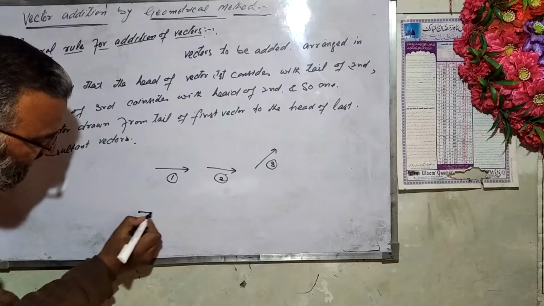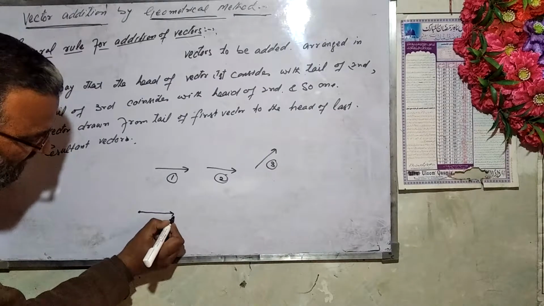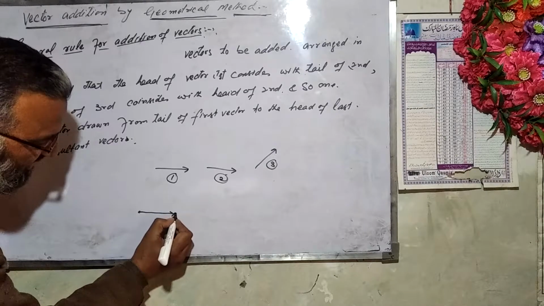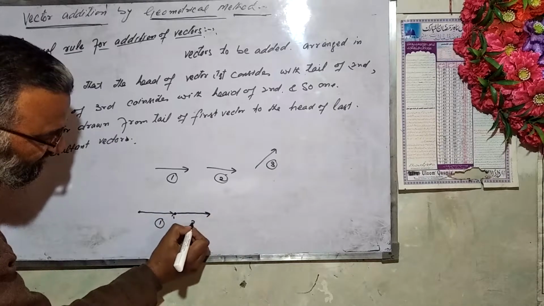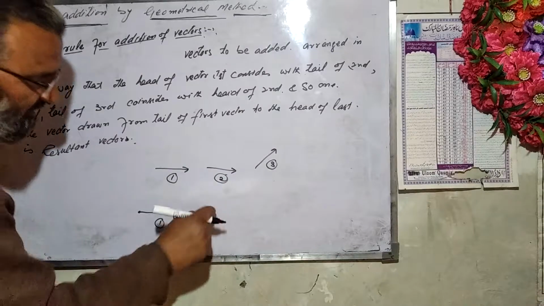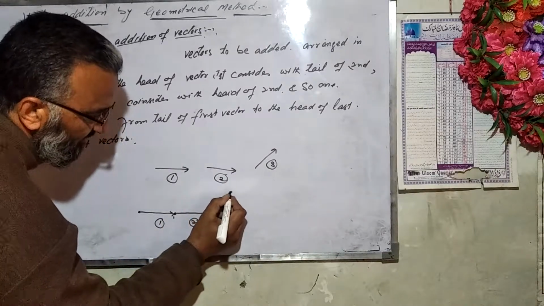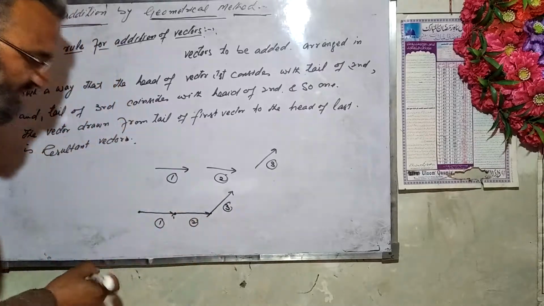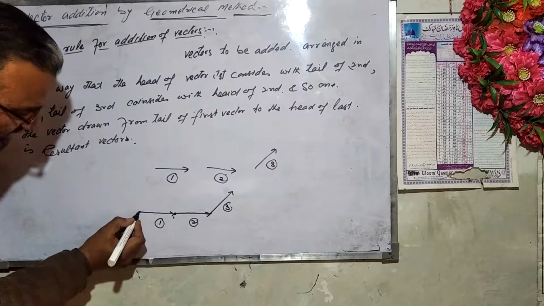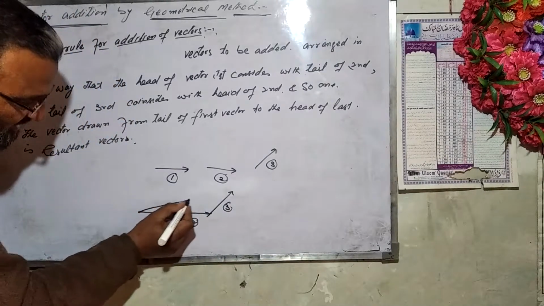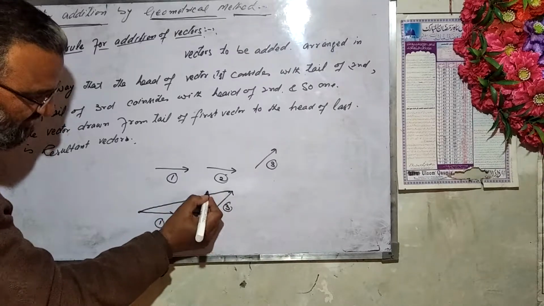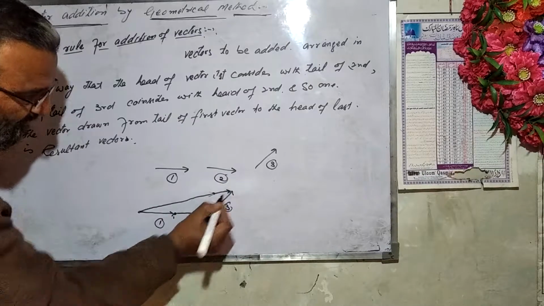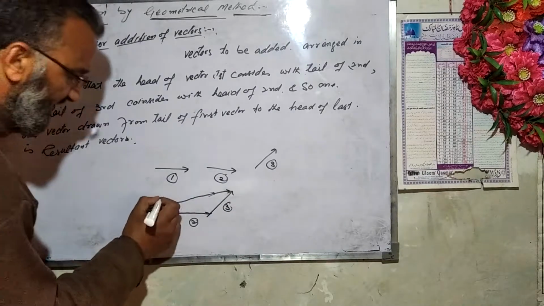We coincide the head of first with the tail of second, and the tail of third with the head of second. This is third. Tail of third with the head of second. Now a single vector drawn from the tail of the first vector to the head of the last vector is the resultant vector.